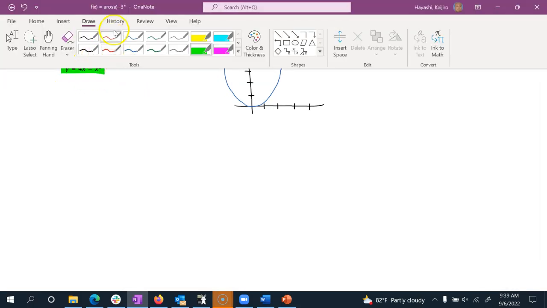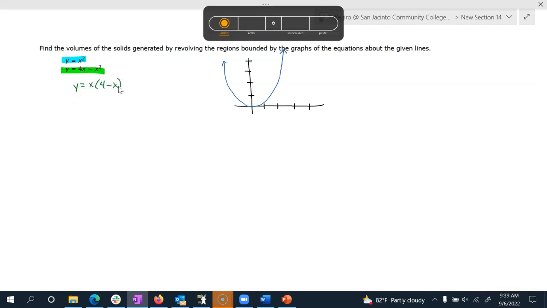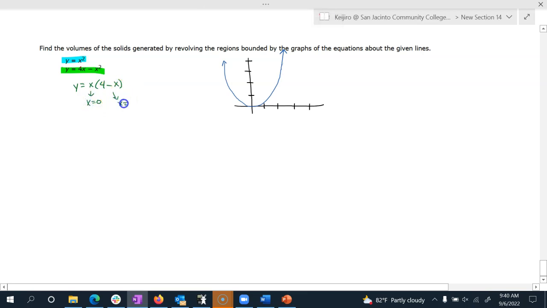In this other parabola, you can factor this to make it a little bit easier. You can say, okay, well, y equals, if I factor an x out of there, x times 4 minus x. So that means it has x-intercepts at x equals 0 and at x equals 4. So it has x-intercepts right here and here.